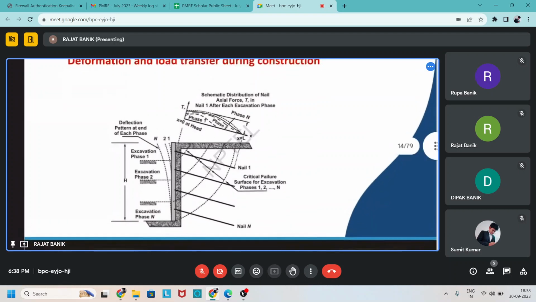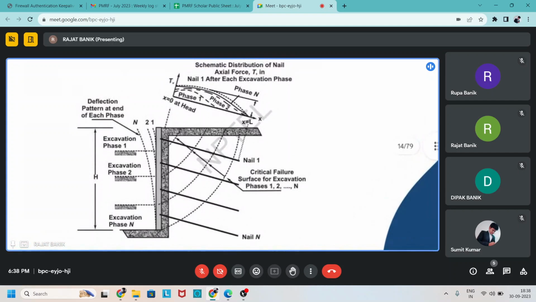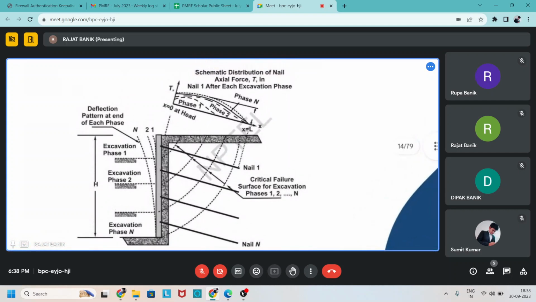If you see this figure, there is an arrangement of the soil nail in different phases: nail one, nail two, and like that, nail n. When we apply nail one into the ground, there is a possibility of deformation of the soil.